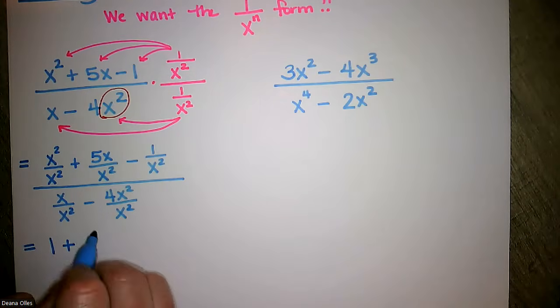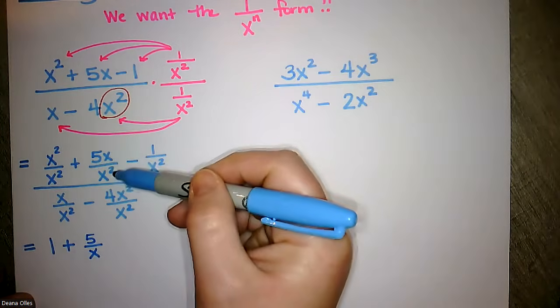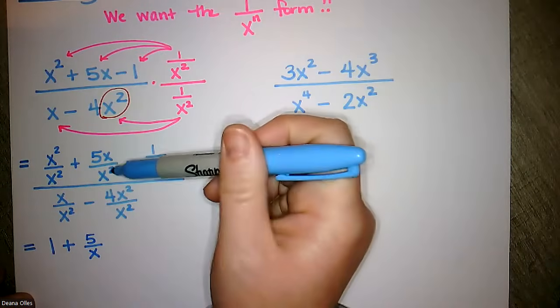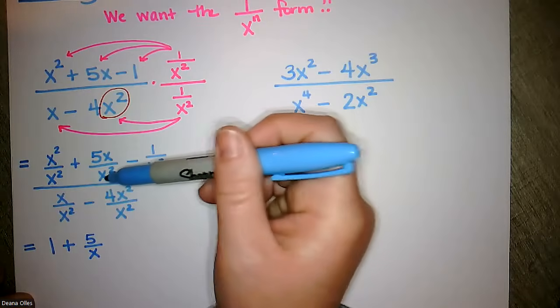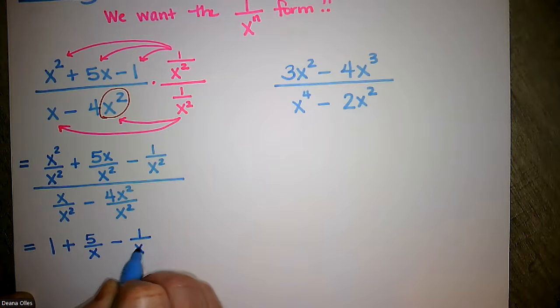X over x squared reduces, and I can write this term as 5 over x, because when I divide two things of the same base, I subtract their exponents. So here I'm doing 2 minus 1, all right, but because the higher power is in the denominator, that's where it's going to stay.